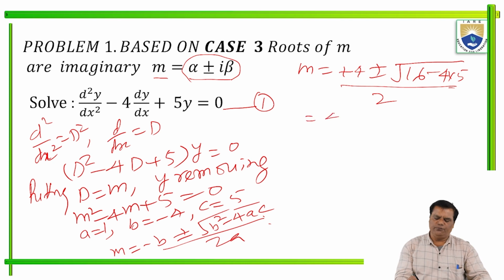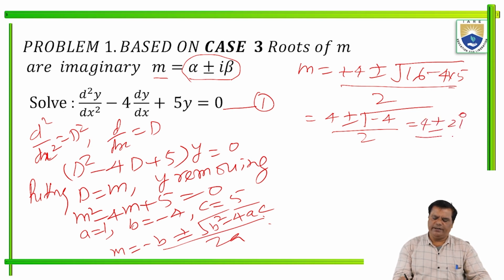So this equals (4 ± √(−4)) / 2, which is (4 ± 2i) / 2. So I am writing 2 ± i only. This is m, so these are the roots.